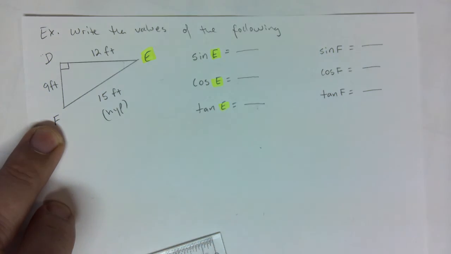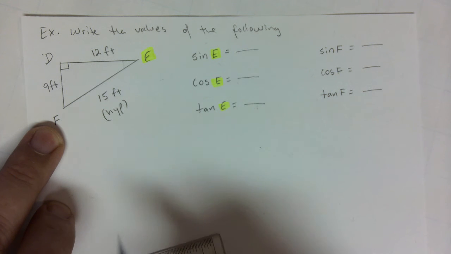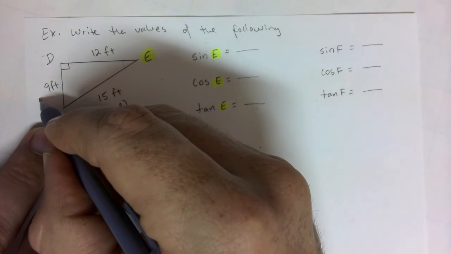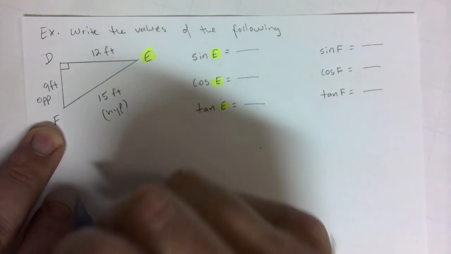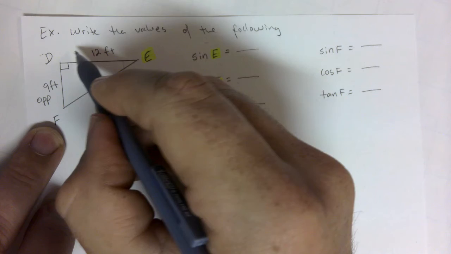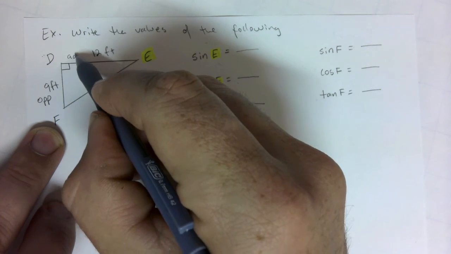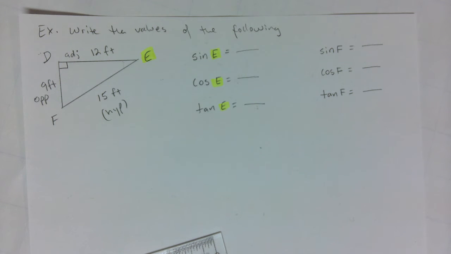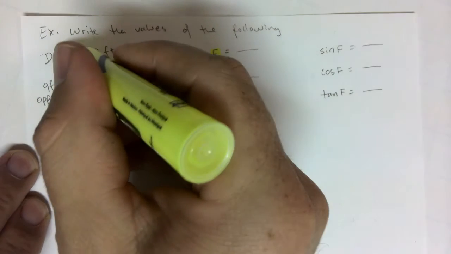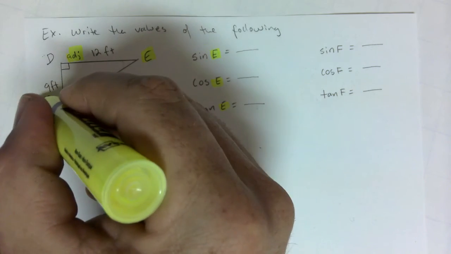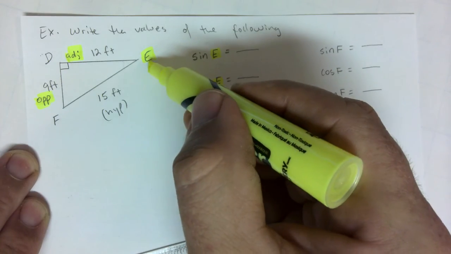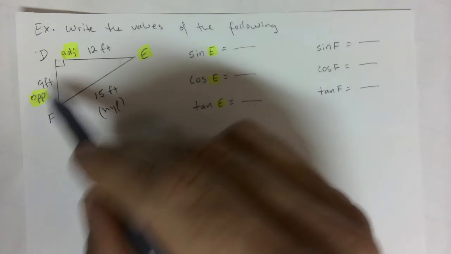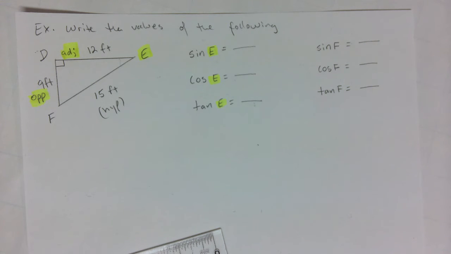That should be the first side you identify. And now that angle E is here, I know that this is the opposite. And I know that this must be the adjacent. Okay. So what I will do is I will take my highlighter again and highlight these two sides based on that reference angle. You got to follow here, right? It's based on E. Opposite and adjacent are as follows.